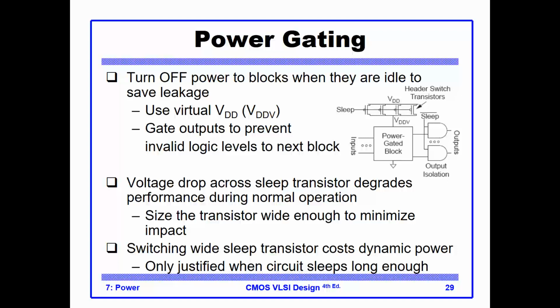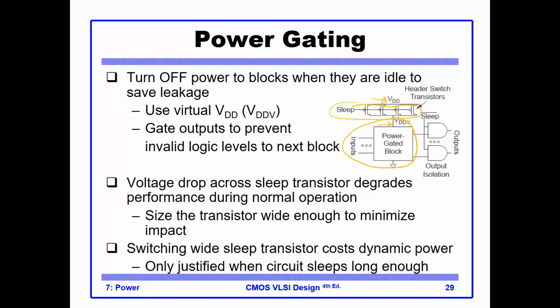Here is my circuit, not switching. The problem of static power that comes from leakage is that even if your circuit is quiet, the circuit is leaking current. So what do we do? When the circuit is not switching, I separate the VDD of the circuit and the VDD of the chip by a sleep PMOS transistor right here.